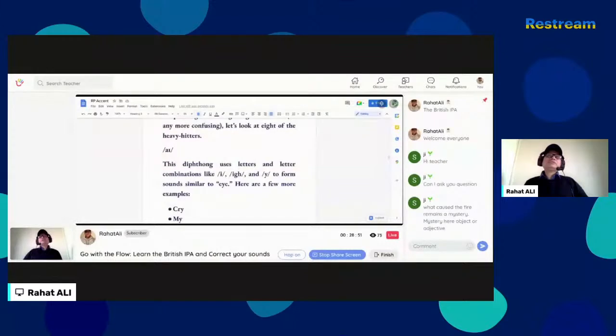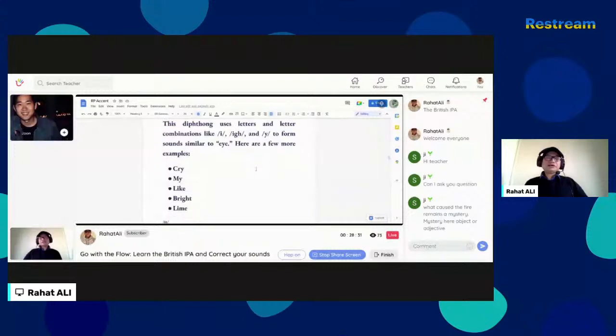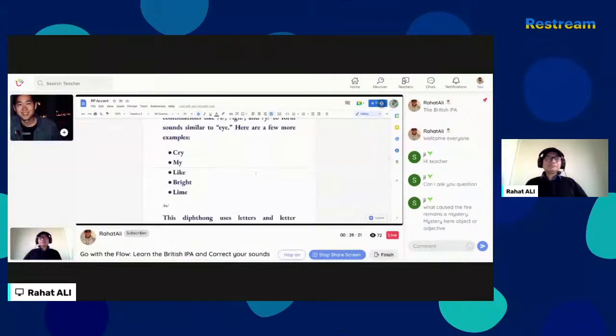Especially the Y sounds like I and W sounds like O. So this diphthong uses letters and letter combinations like I, once again, IGH, and Y to form sounds similar to I. Here are a few more examples. Cry, my, you can hear the sound I is there. Like, bright, eyed, lime.